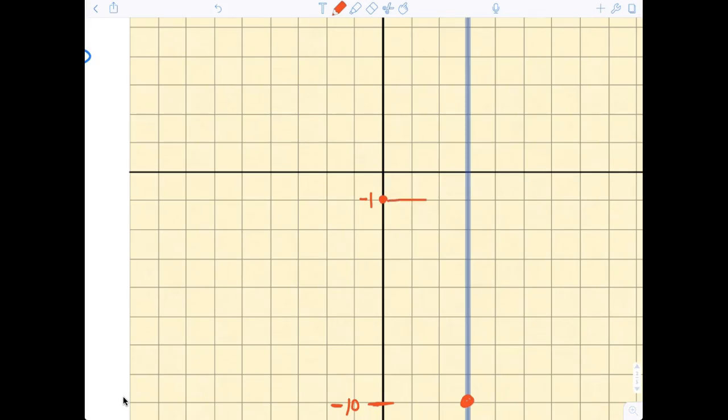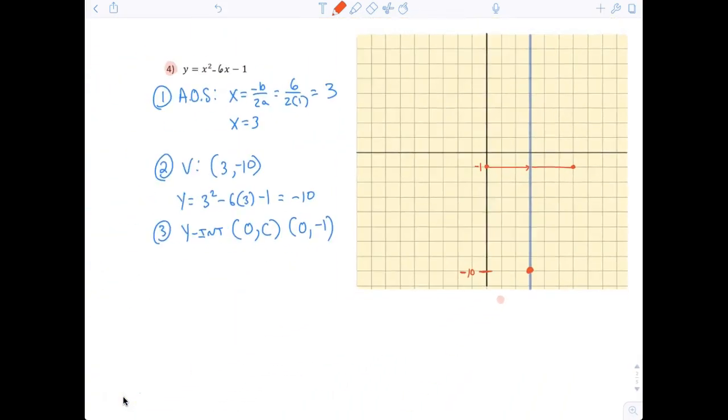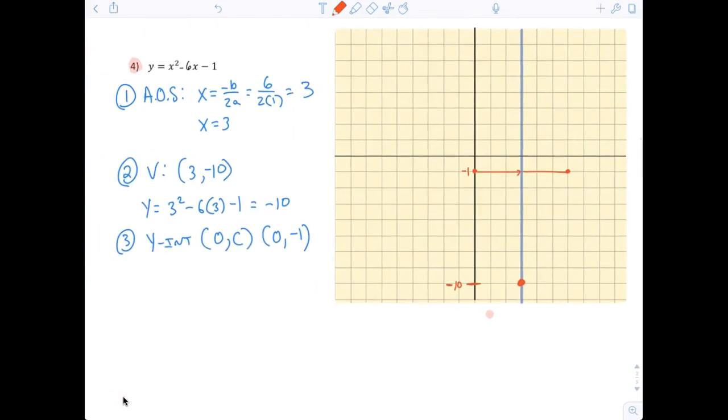How far to the axis of symmetry did I go? 3 units. So that means I have to do 3 more units over here. And that's what I have. Do I agree with that? Now it's just a matter of drawing it out. So there's my parabola.